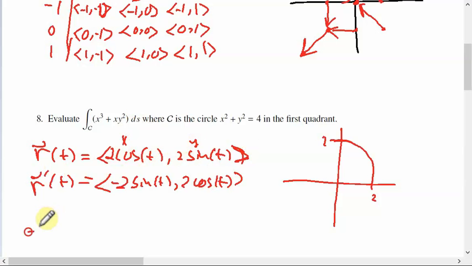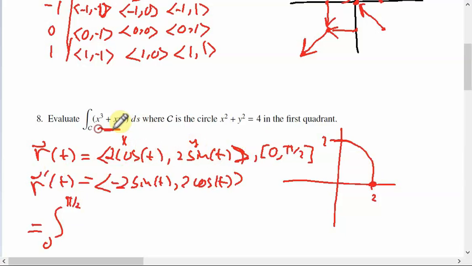And so now my integral becomes the integral, and I need to put the limits down here. I just wanted to stay in this first quadrant. Notice if I start at 0, I get 2 and 0. That's where I want it to start. And then I have to stop it at pi over 2, and that'll swing it through the first quadrant. So I'm going to go from 0 to pi over 2.